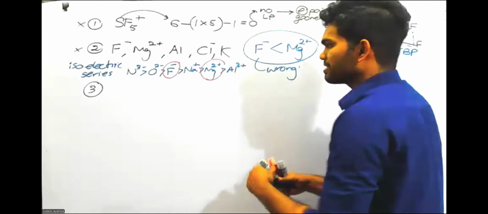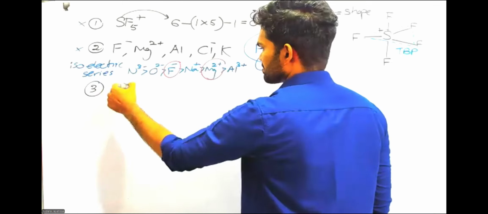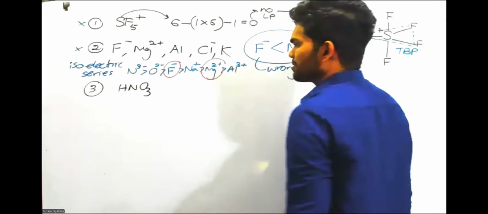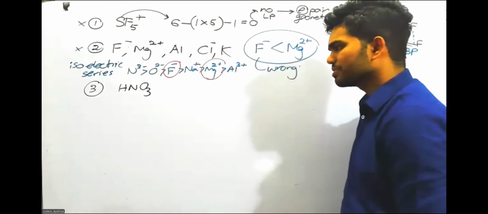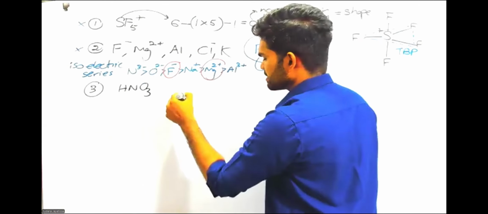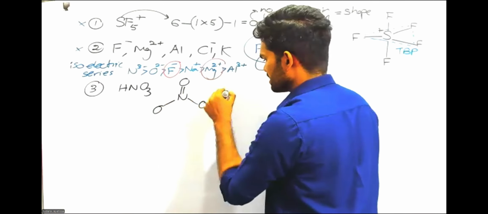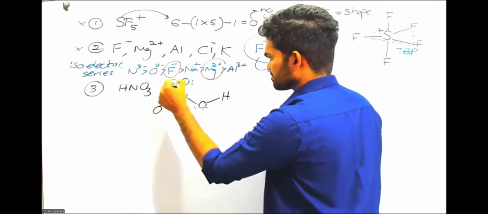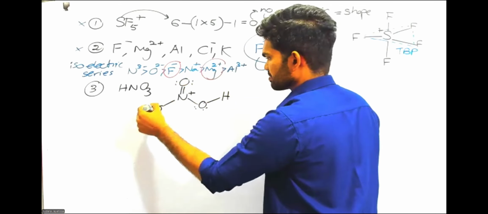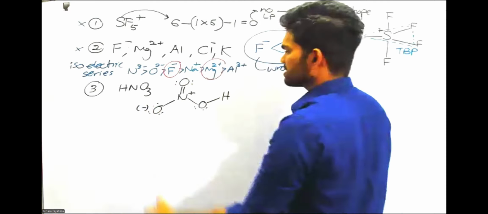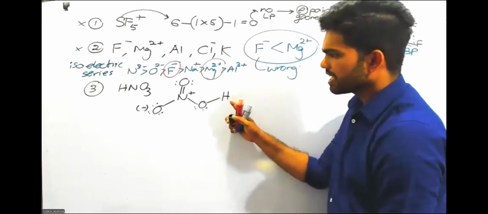You can draw 4 resonance structures for HNO3. I think we discussed HNO3 in our previous discussion also. Anyway, for HNO3, this is the Lewis structure of HNO3. You should know that.